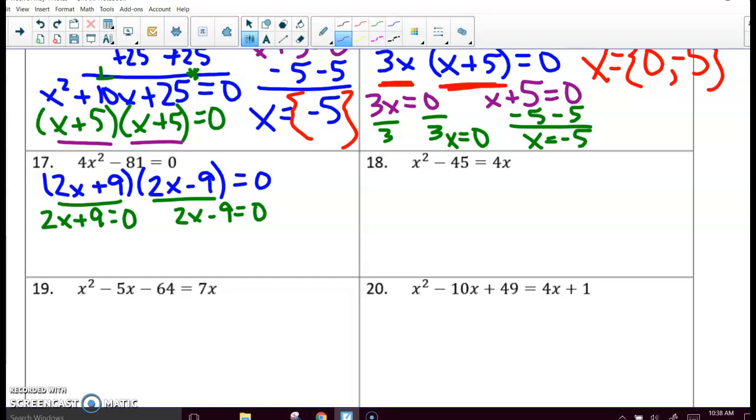Let's use inverse operations. Subtract 9 from both sides first. And then divide both sides by 2. Negative 9 divided by 2 is not a whole number. On the other side, let's add 9.